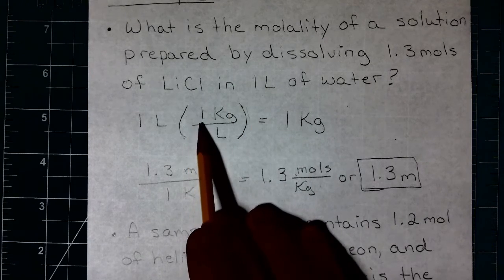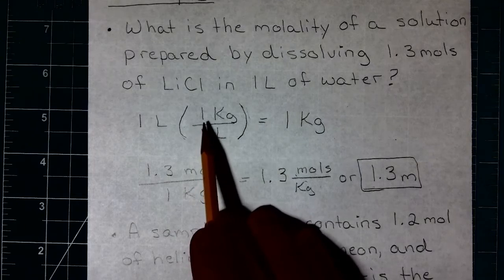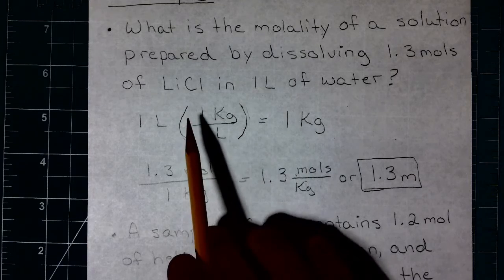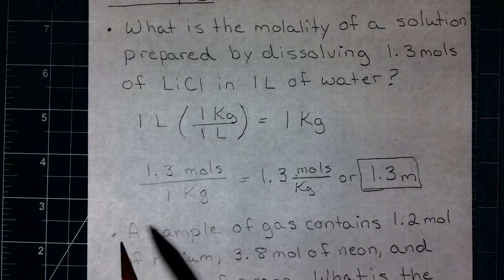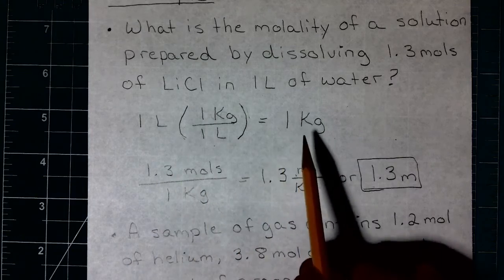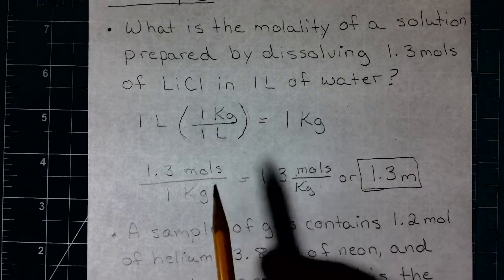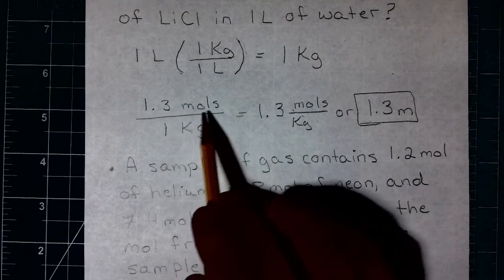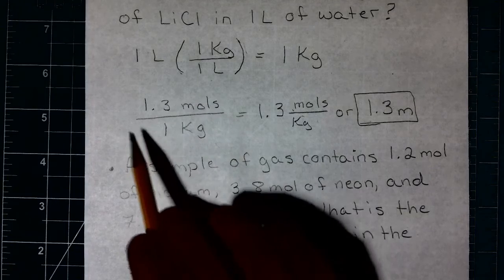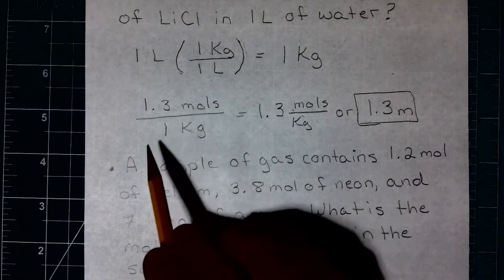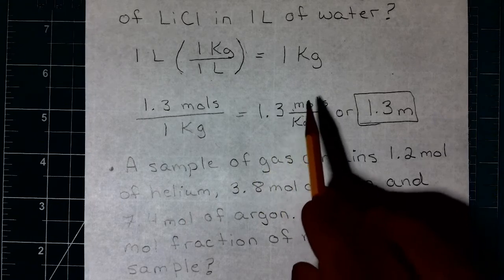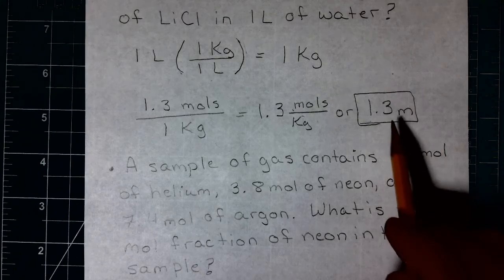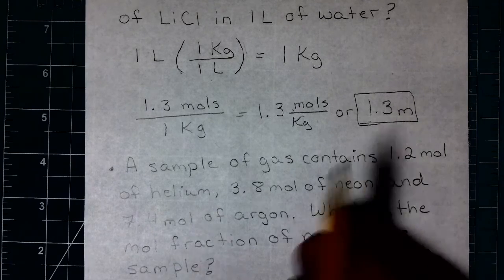We do that by multiplying by the density of water. Water is 1 gram per milliliter, or 1 kilogram per liter. So when we do this math out, we see that 1 liter of water weighs 1 kilogram. We then take the number of moles of lithium chloride, 1.3 moles, divide that by 1 kilogram of water, and we get 1.3 moles per kilogram of solvent, or a 1.3 molal solution.